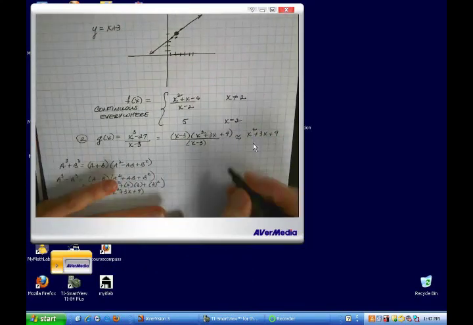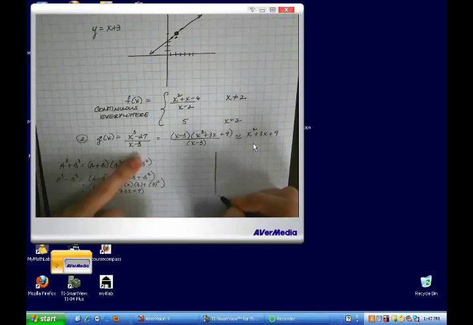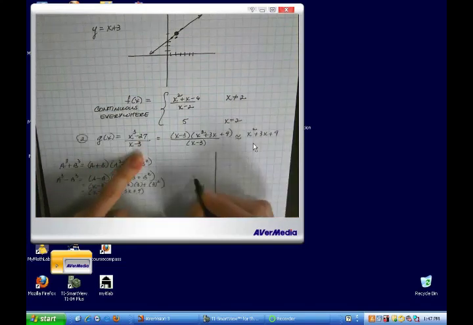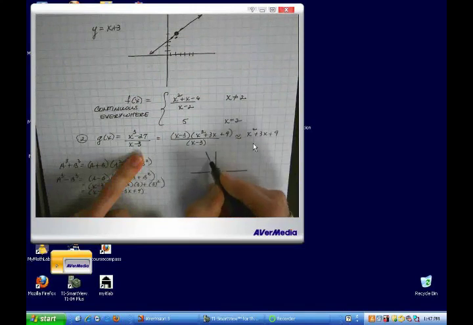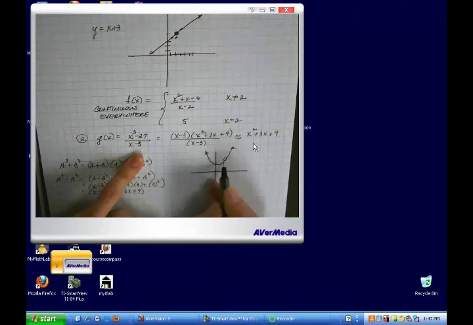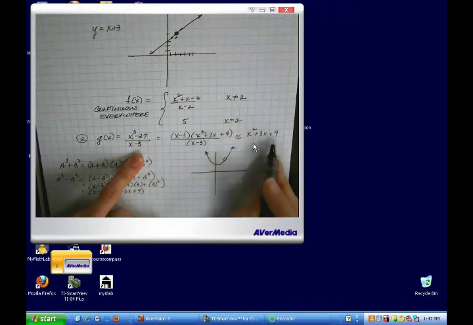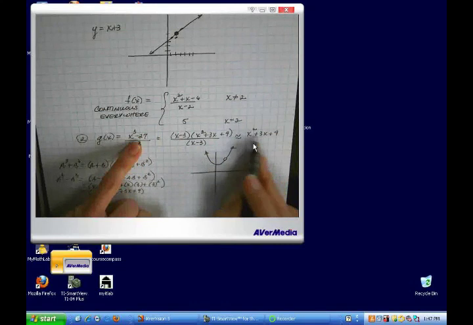Okay. So this lovely, awful-looking rational expression is something like this, but there's going to be a hole. Now to get the value of the hole, what in the world is the value of the hole? This rational equals this lovely x squared plus 3x plus 9, except at 3.